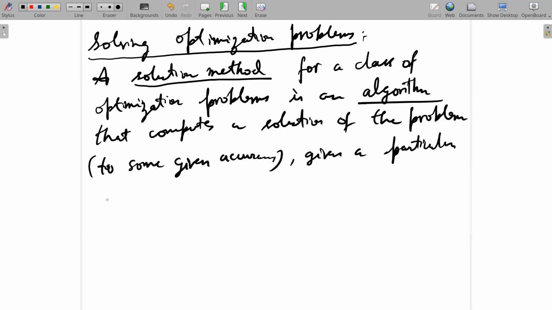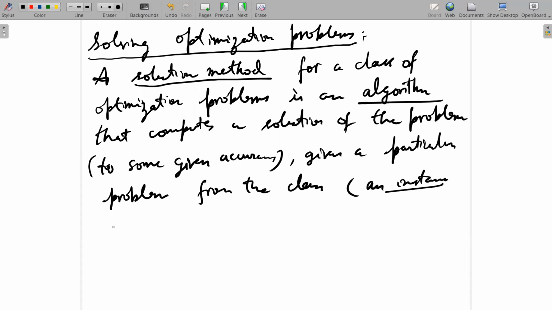So given a particular problem from the class, in the sorting problem, the class is just the set of vectors in R to the 100, which is also known as an instance of the problem.